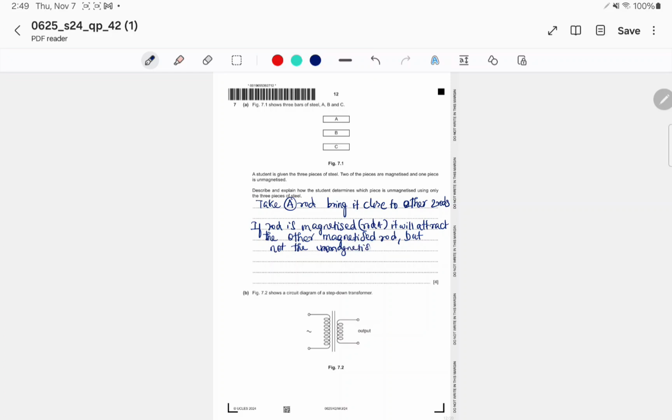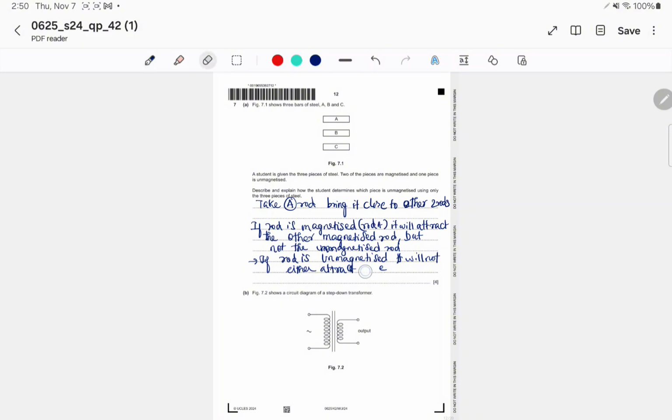Very simple procedure. So if the rod is unmagnetized, what will happen? Nothing. It will not attract or repel the other rods.